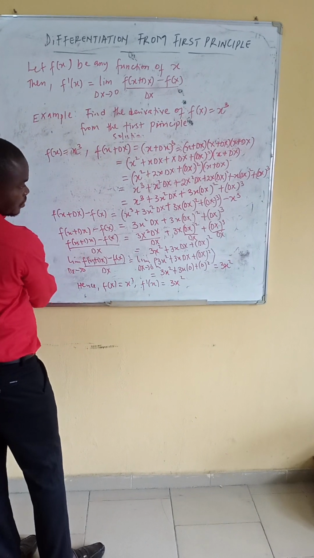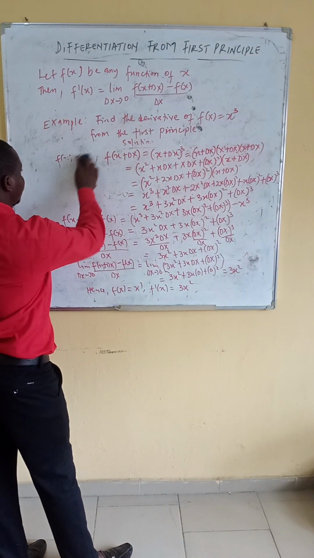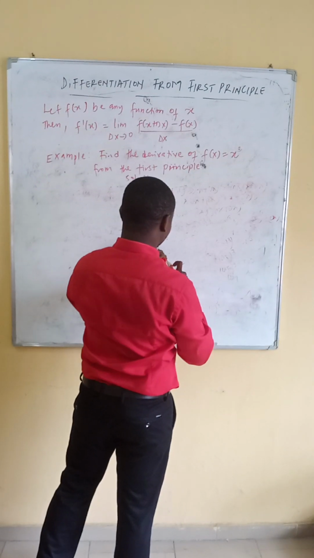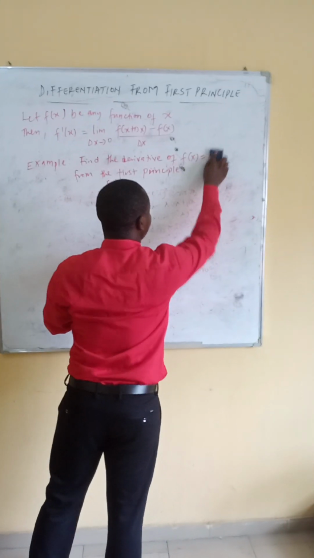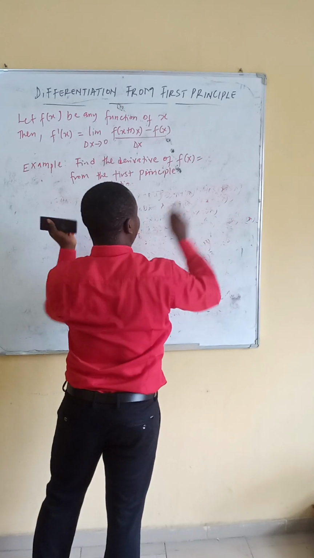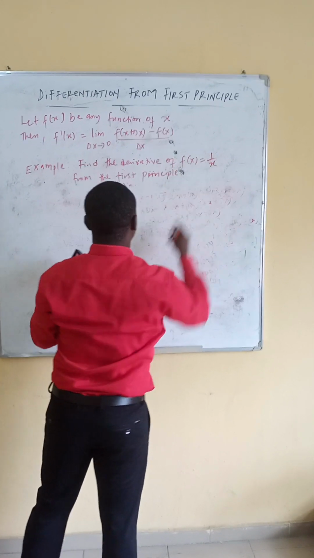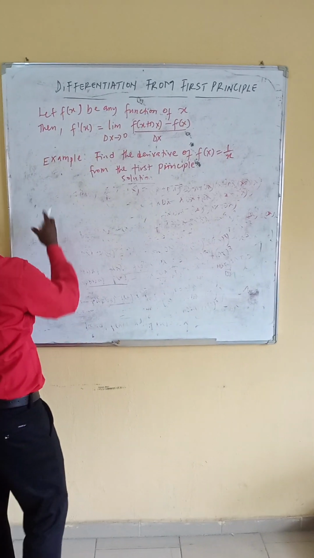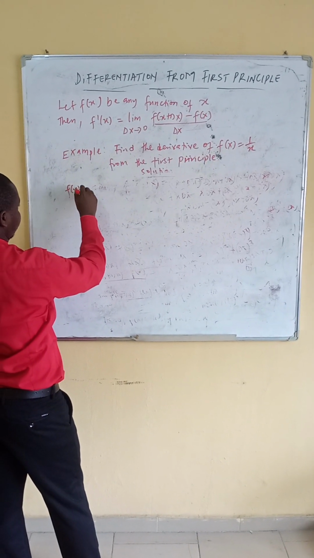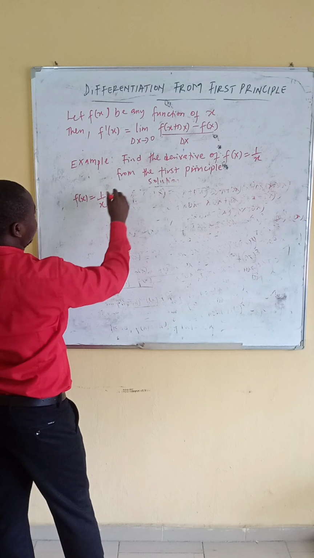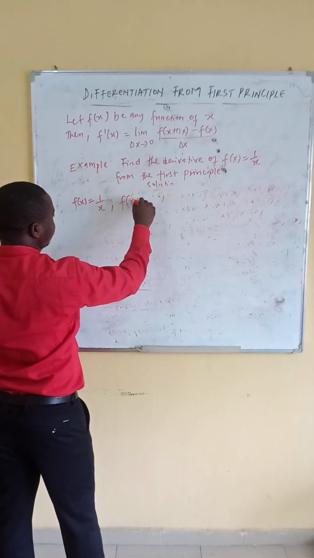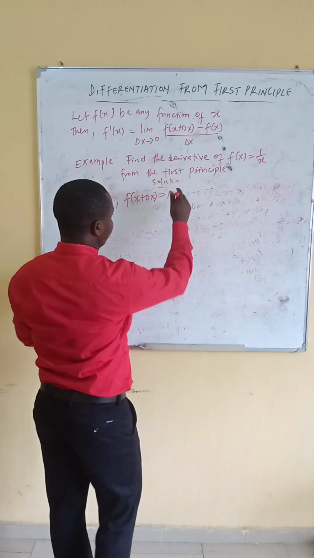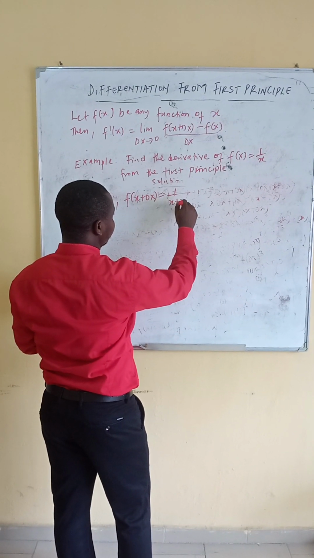So we look at another one: f of x equals 1 over x from the first principle. f of x is defined as 1 over x, so f of x plus change in x will give us 1 over x plus change in x.